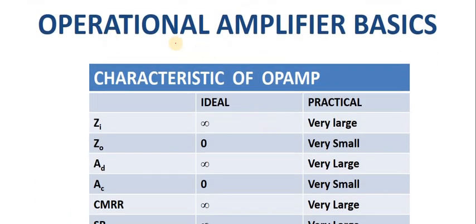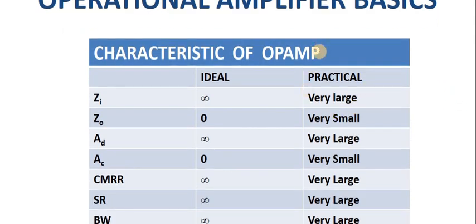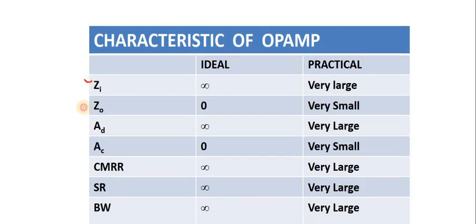Okay, so next is operational amplifier basics. We will discuss a few characteristics of OPAMP like input impedance, output impedance, differential gain, common mode gain, CMRR, common mode rejection ratio, slew rate and bandwidth. Input impedance of an ideal OPAMP is infinity, but actually there is no quantity like infinity.